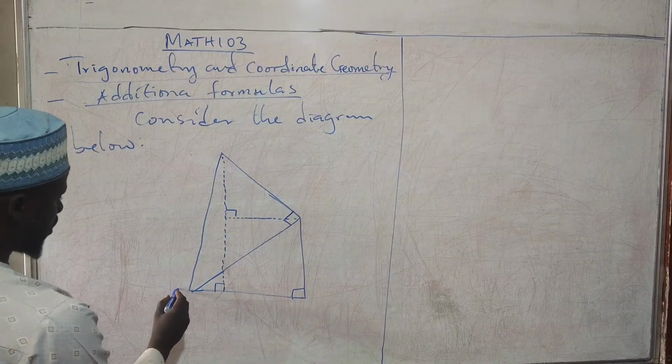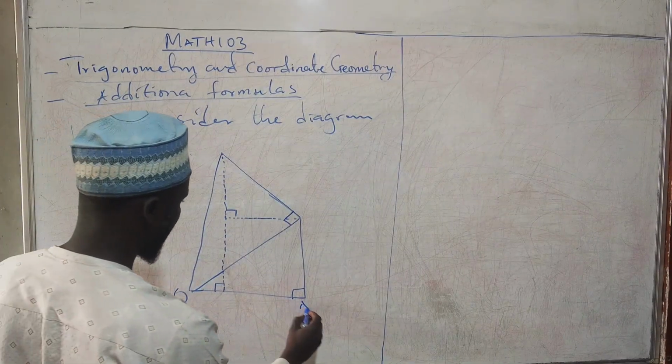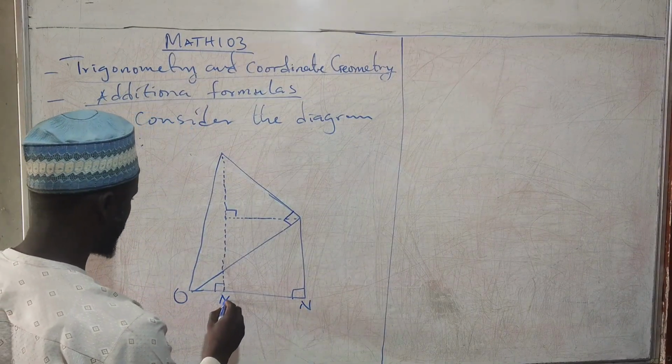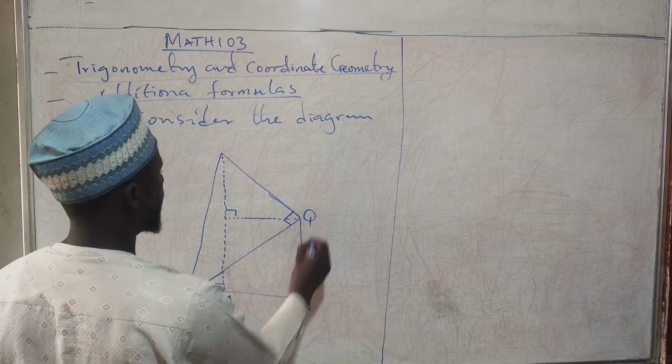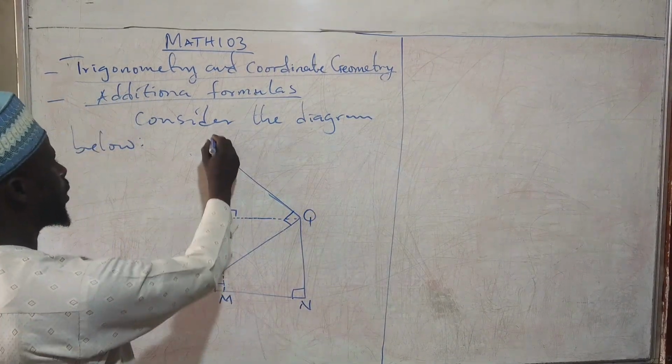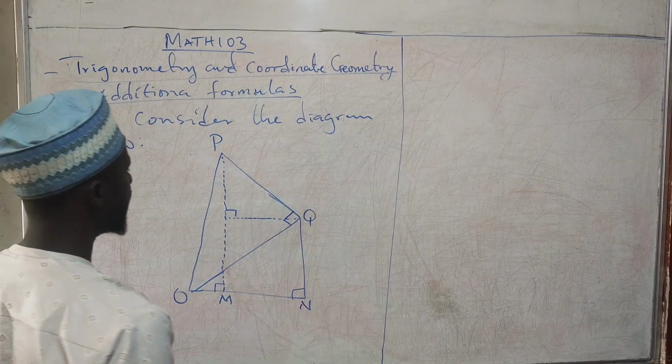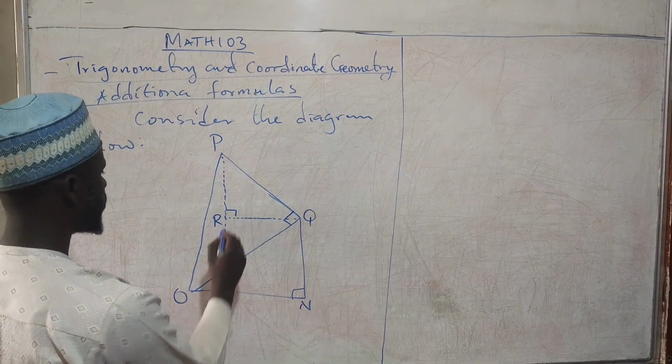Call this O, call here N, and call here M. Call here Q, and call this point P, and then name this point R.